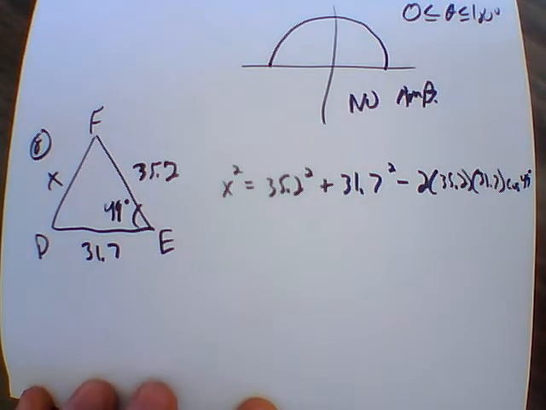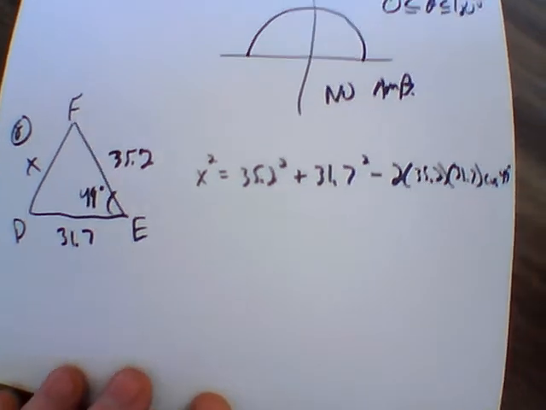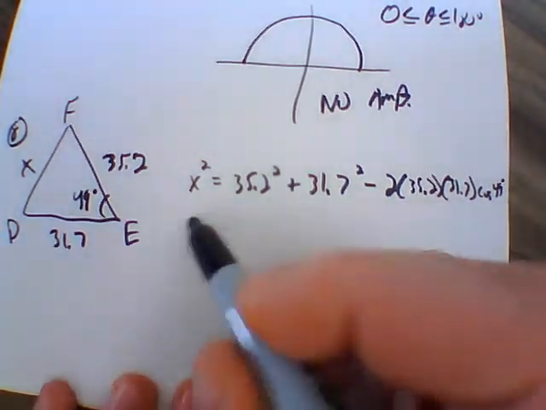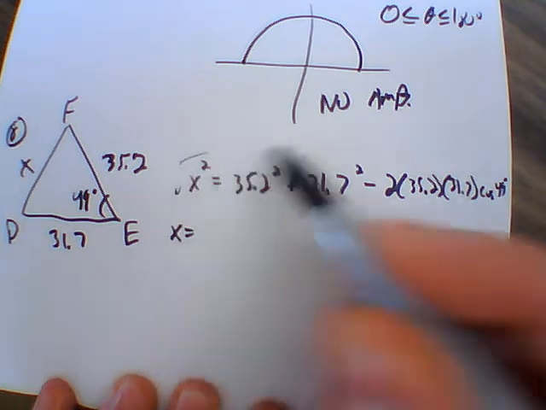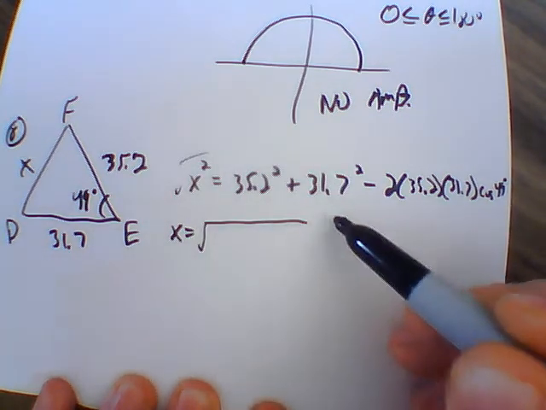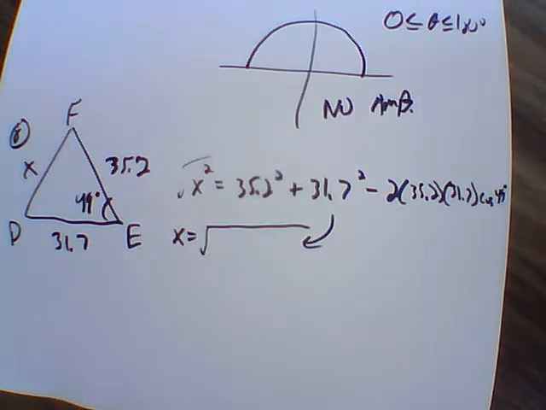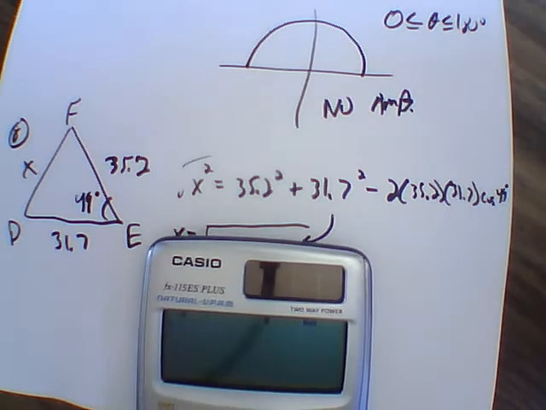Kind of ran out of room here on my paper. But given this now, we'll state that x equals, we'll take the square root. Remember, we're taking the square root of this whole thing. So my suggestion to you is, if your calculator is capable, you could do this all at one time, but if you're not, you can bring answers in and down. You could figure out what this is and then take the square root.